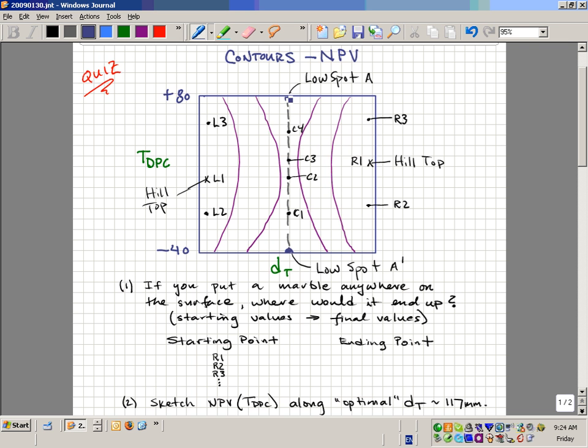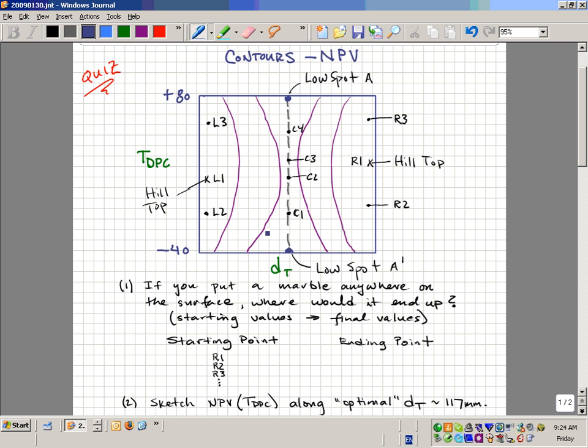We found this value and we found this value, and this was about 117 millimeters. At the top of the field on the left, it should be minus 40, because one of the highest net present values was minus 40. That's right.